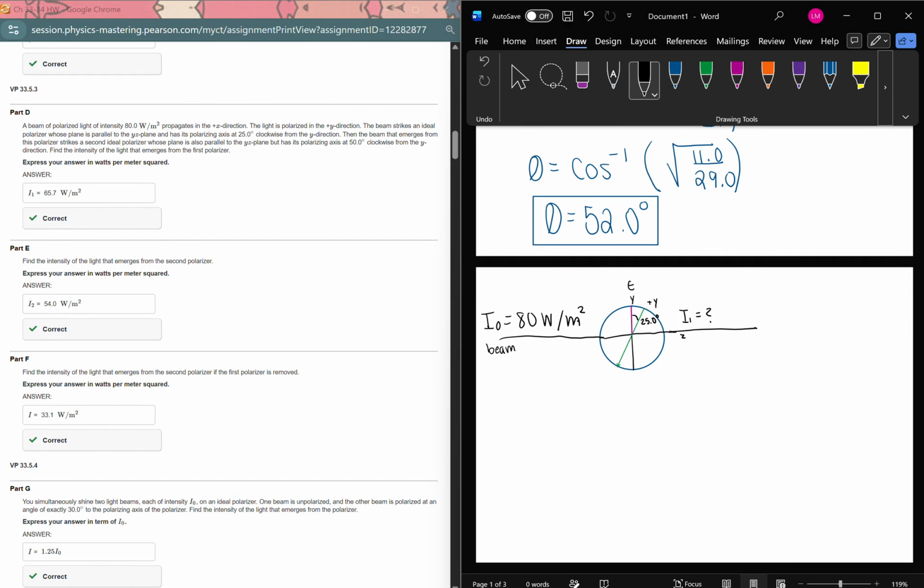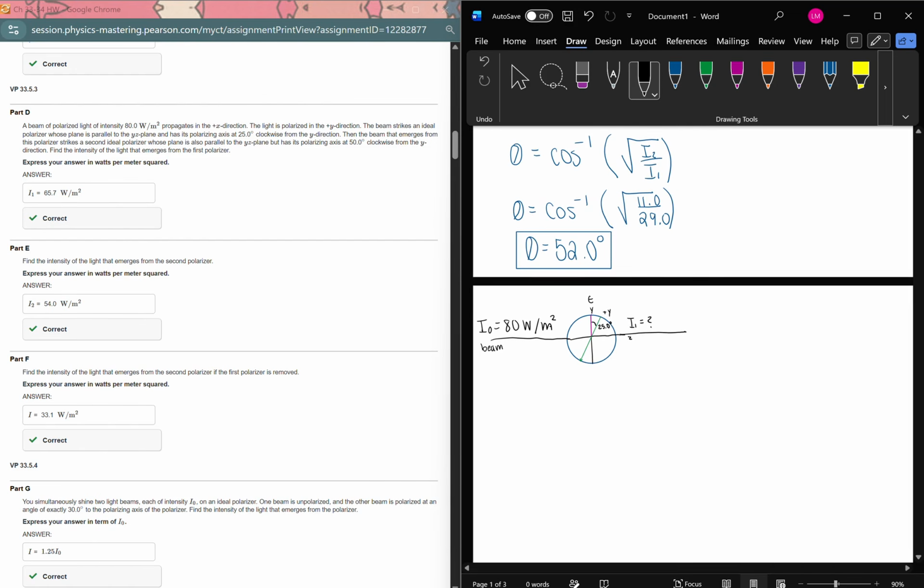So the first polarizer is rotated 25 degrees clockwise from the y-axis, which I tried my best to draw. So what we do know is the initial intensity is 80.0 watts per meter squared, and then we know that theta is equal to 25.0.